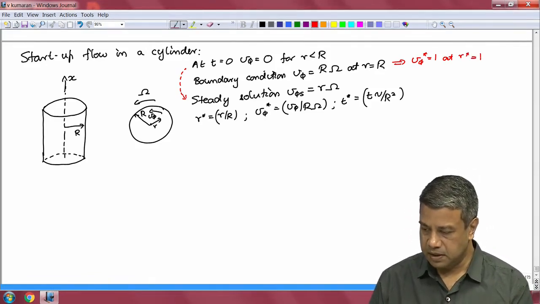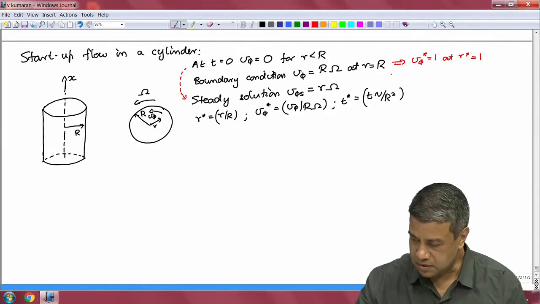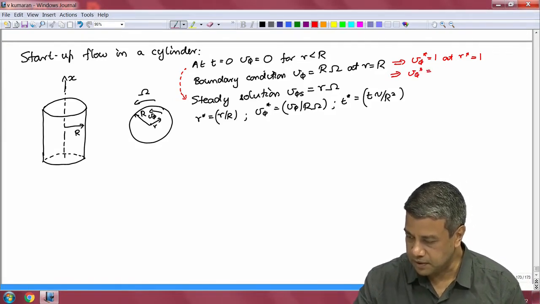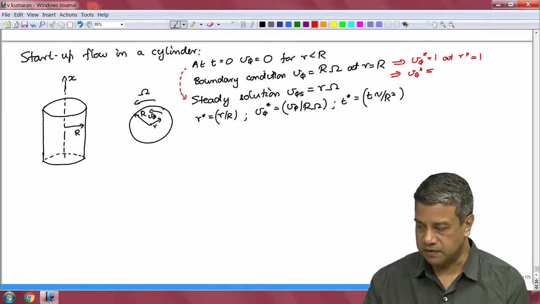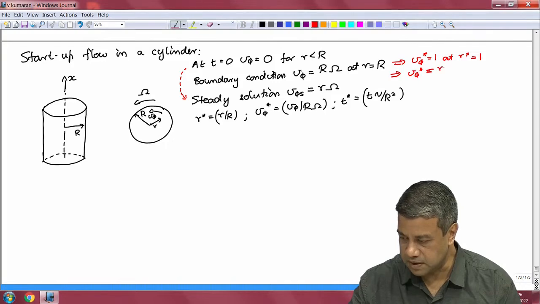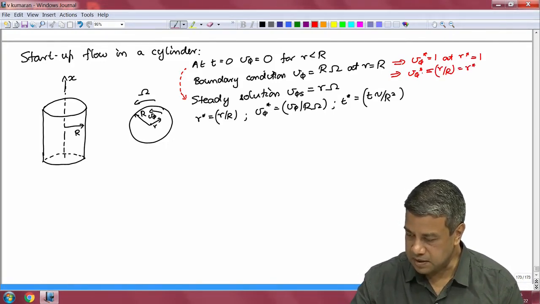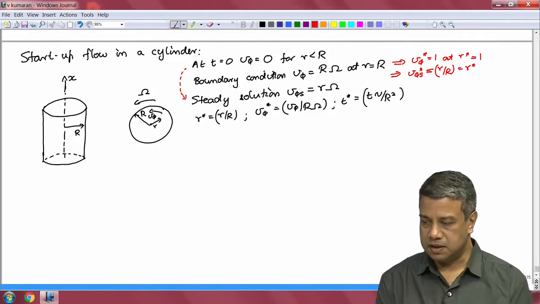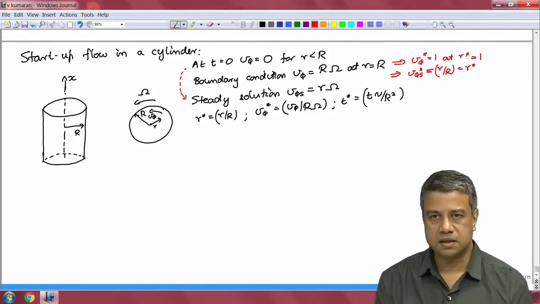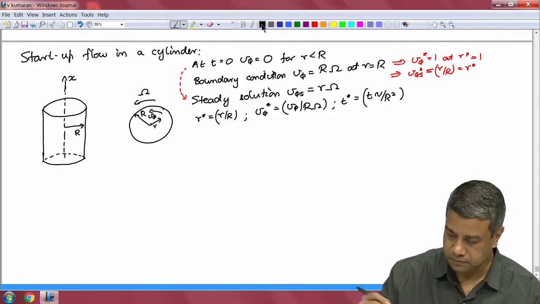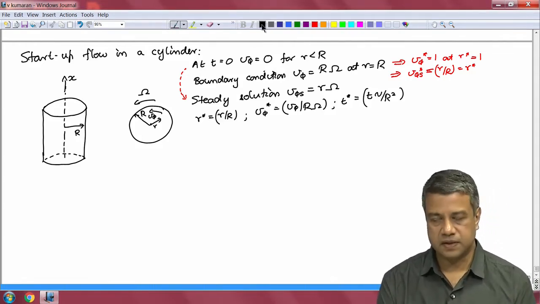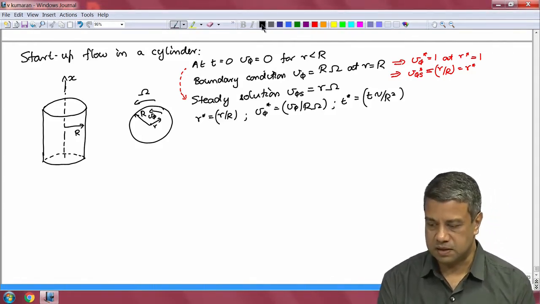And the steady solution is that v phi star is equal to v phi by capital R into omega, which will be basically r by R, which is equal to r star. That is the steady solution, and the initial condition is that v phi is equal to 0 at t equal to 0. So, we have to solve the conservation equation subject to these conditions.